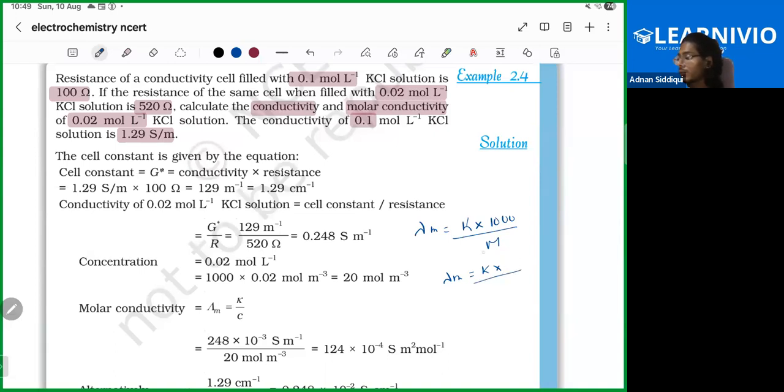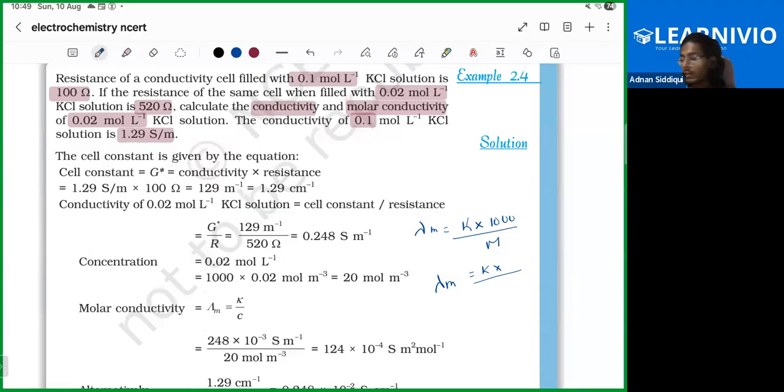So I have to write which formula? Look and tell me, what is it? What is the formula if you are considering the entire thing in meters? What is written?